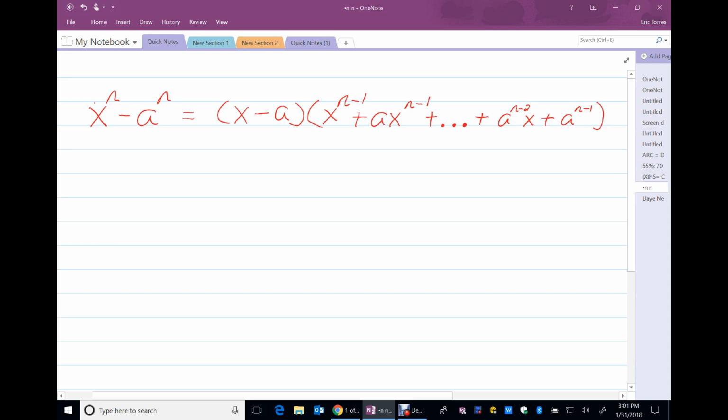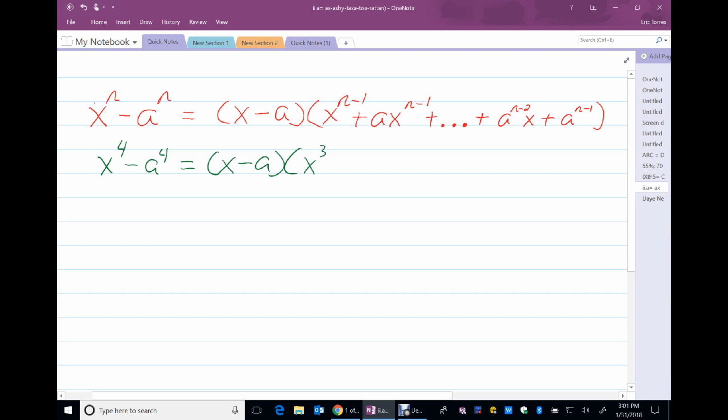Now, we could multiply this all the way out and show it step by step. It's a bit of work, so I'm just going to give you an example of this. So let's take a look at x to the fourth minus a to the fourth. If I had something like that, I should be able to factor it to look like this.